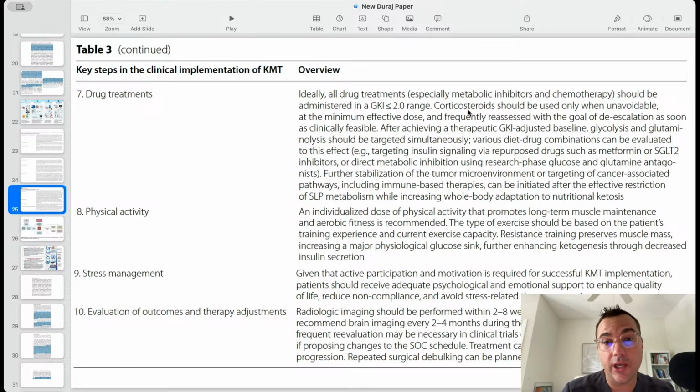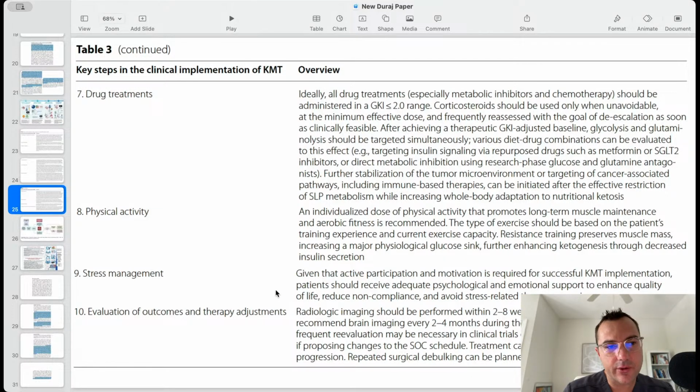Sometimes it's absolutely necessary, depending on the case. But I think that we're pretty liberal with the use of corticosteroids. And I think as this becomes more mainstream, that's going to be highly frowned upon unless it's absolutely necessary. And hopefully we'll start to tighten up our use of those, so we're not feeding the cancer, basically, the glucose.